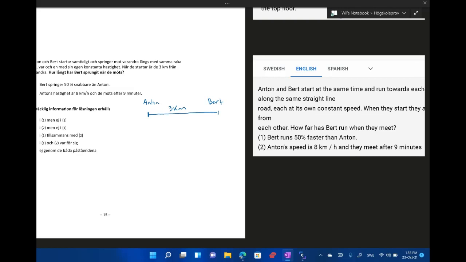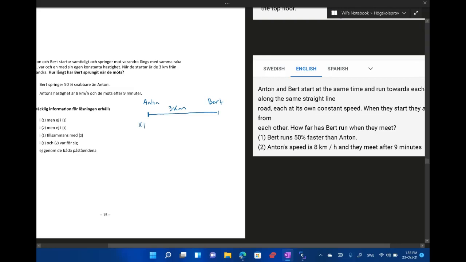We know how much actually, it's 50%, but we don't know if Anton's running 100 kilometers an hour, or 2 kilometers an hour. We're not really sure. So whatever Anton's speed is, X kilometers per hour, well, Bert's going to be running 50% more, so 1.5x kilometers per hour.